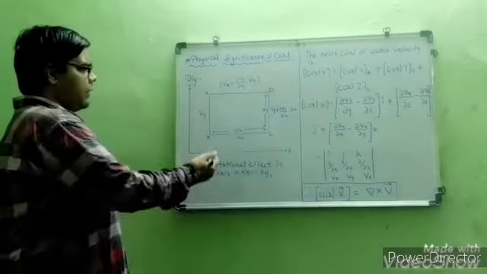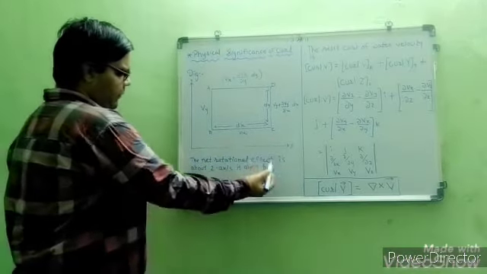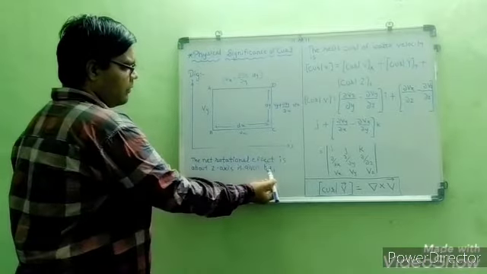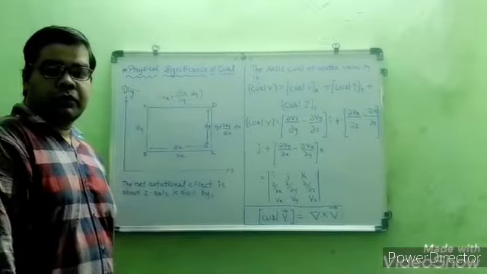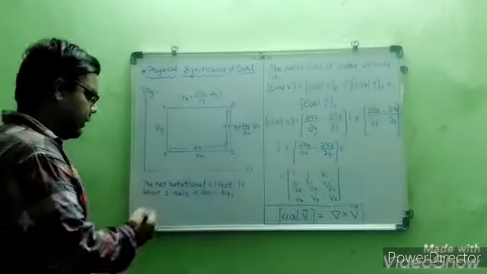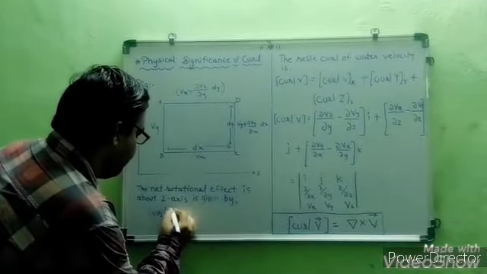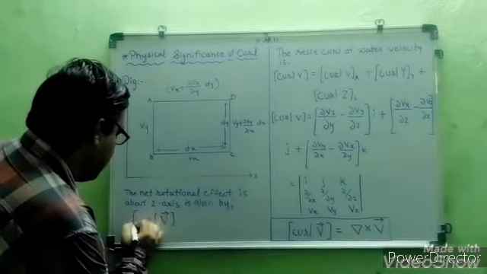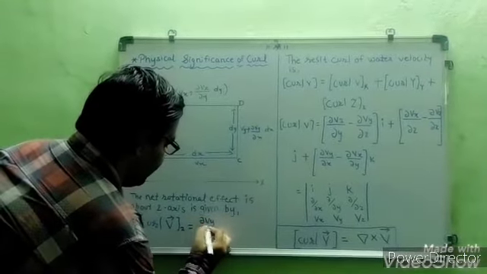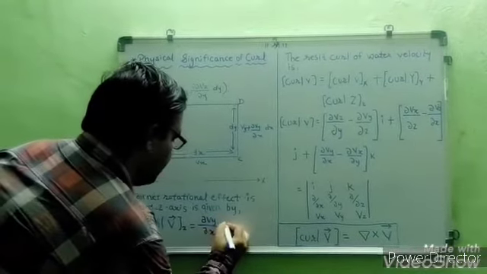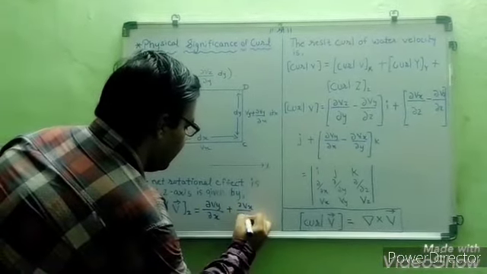Okay. So after that, it is x and y axis. So after that, the net rotational effect about the z axis is given by the curl of vector v of z, which equals del Vy by del x minus del Vx by del y.